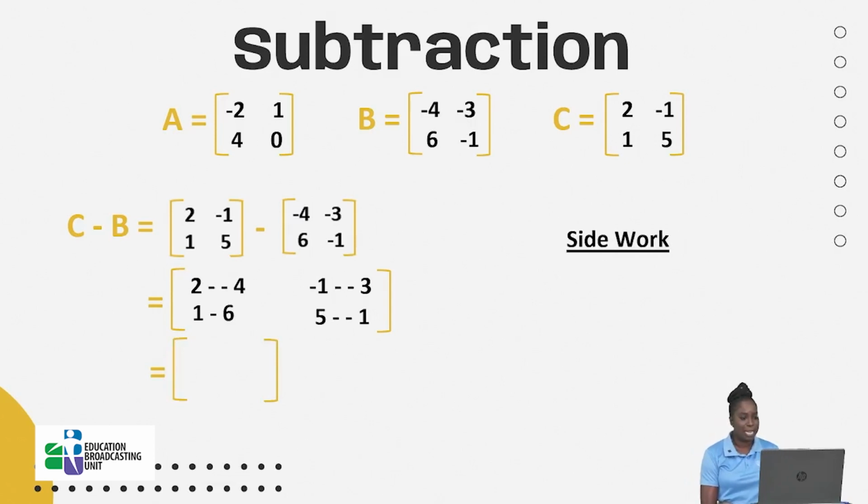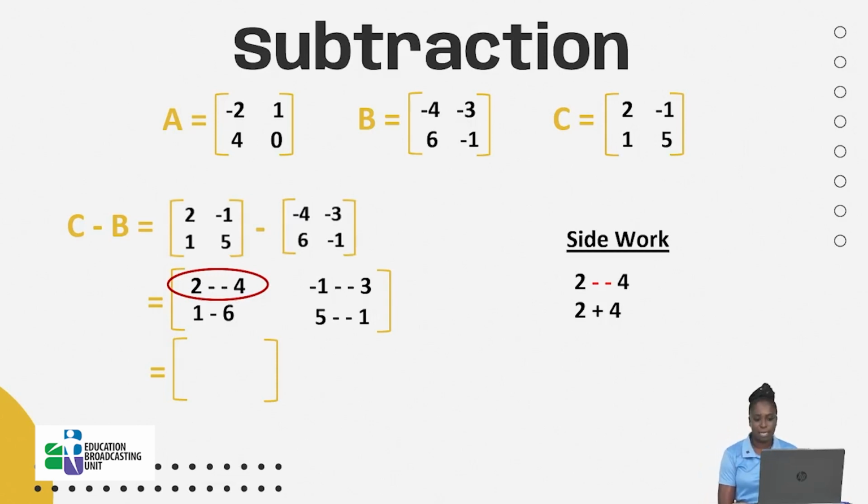And so we will start with 2 minus negative 4. This time we have 2 minus signs coming together, or minus and a negative. They're interchangeable. And so what this means is to add. And so 2 minus negative 4 can be rewritten as 2 plus 4.